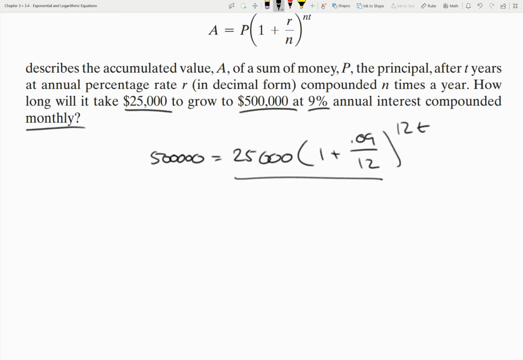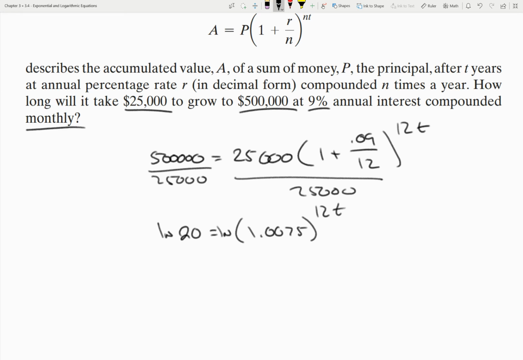All right, let's divide out the 25,000. So 500,000 divided by 25,000 is 20. So we have 20 is equal to, it's best to simplify inside the parentheses, so 1 plus 0.09 over 12, which gives me 1.0075 to the 12t power.